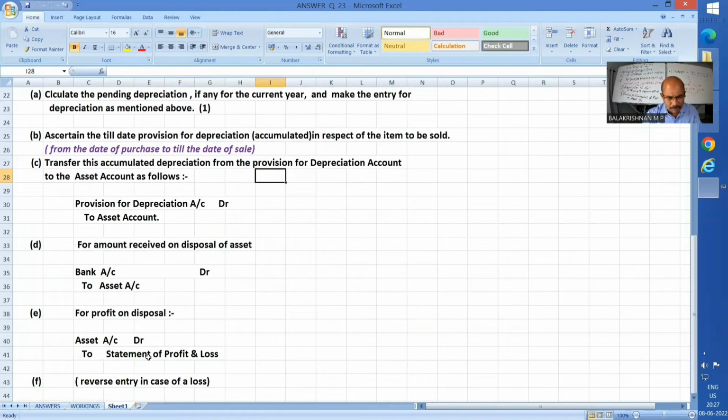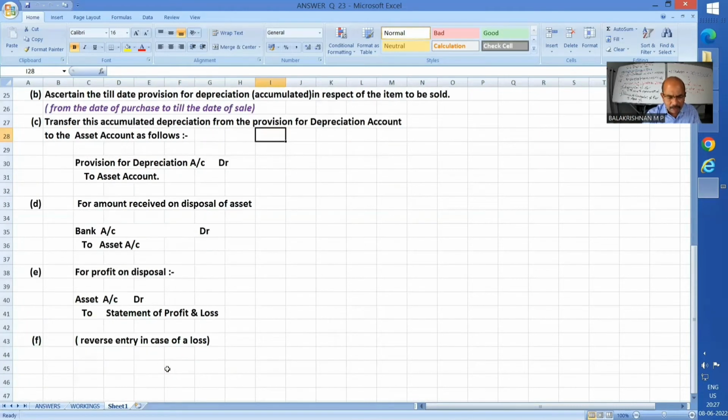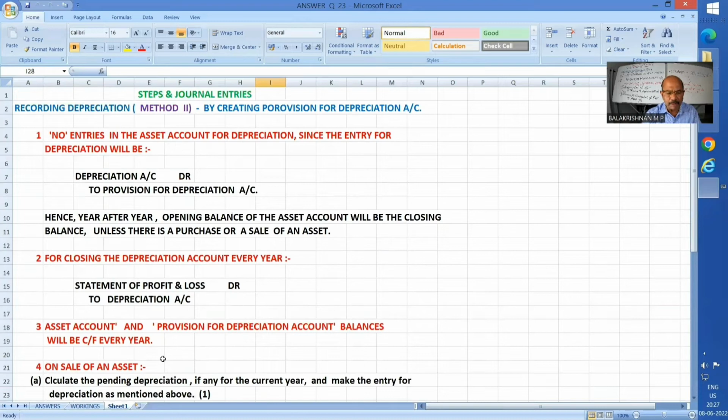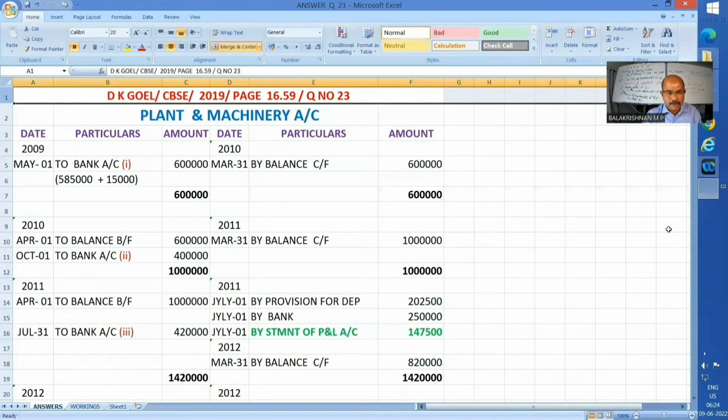For profit on disposal, that also you know, asset account debtor to statement of profit and loss, and reverse entry in case of a loss. So all these steps will make you very comfortable when I will be explaining the sum ahead. Well, students, before I start explaining my worked out answer, let us approach the sum in a very systematic way.